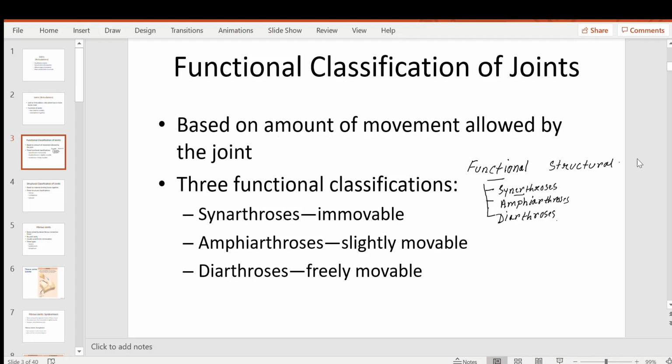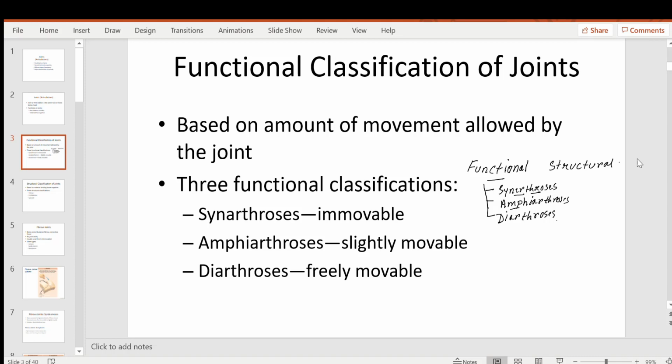Synarthrosis are the joints where no movement is possible. No movement occurs. Immovable joints are synarthrosis. Example, sutures. You know that cranial bones are attached to each other by the sutures, and those are immovable. You cannot move the bones.